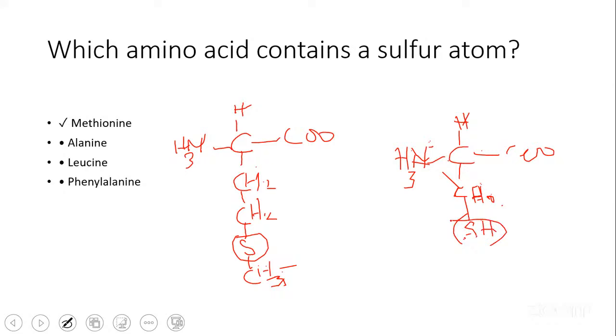So for cysteine, the sulfur is reduced. That is why cysteine plays a very vital role in protein structure, because it can oxidize and reduce. This oxidation will give rise to a bond formation. This reduction will give rise to bond breakage.